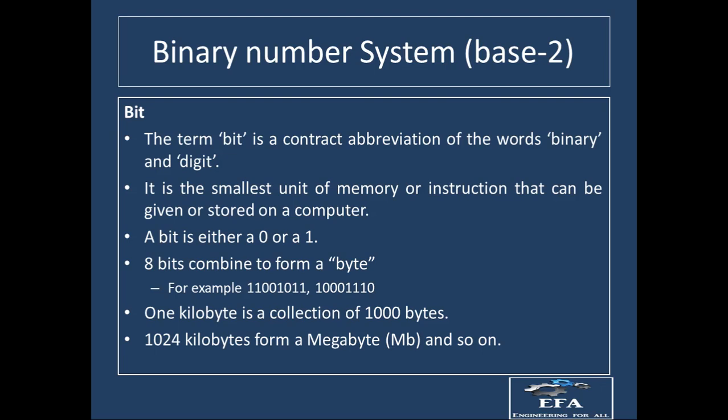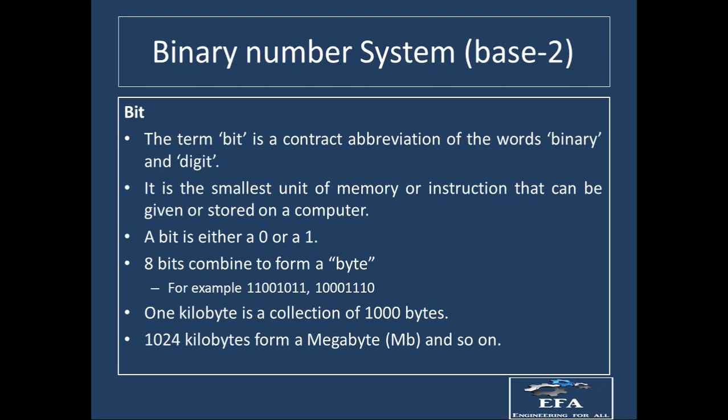The term bit is a contracted abbreviation of the words binary and digit. So it is the smallest unit of memory or instruction that can be given or stored on a computer, and its value can be either 0 or 1.